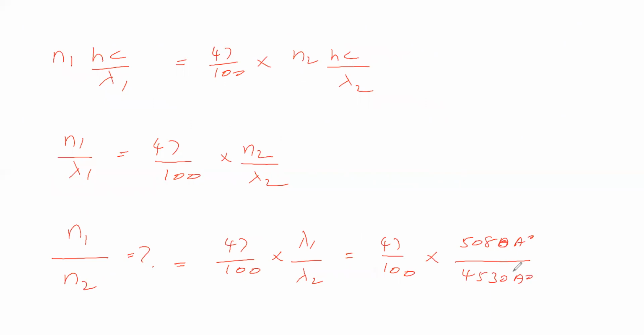Therefore, N1 by N2 is equal to 0.527. We got it. So we'll go for the next question.